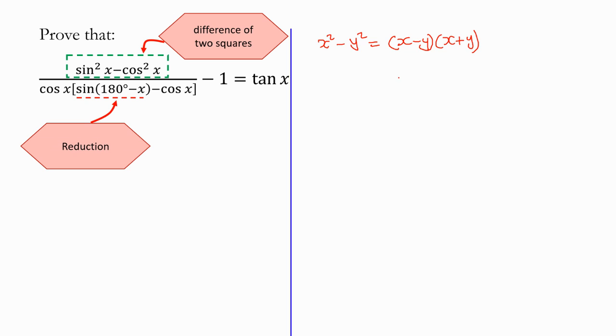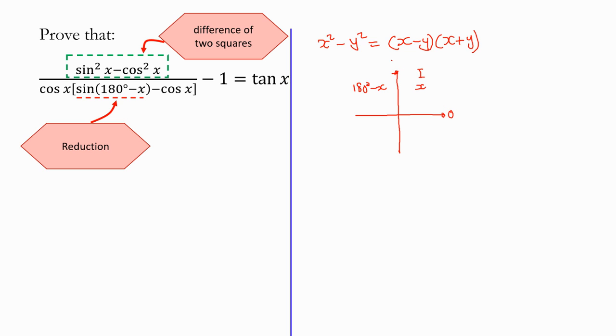Right, if we look at the angle 180 degrees minus x, which quadrant is it found in? It is found in quadrant 2. This is angle x, acute angles there, and then 180 degrees minus x.